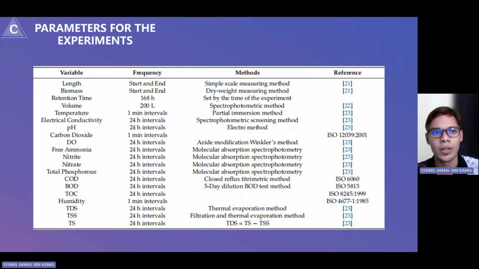And these are the parameters for the experiment. In this article, they used sample scale measuring methods, a titration method, photometric methods, a partial emission method, and so on. And lastly, TDS equals TS minus TSS.